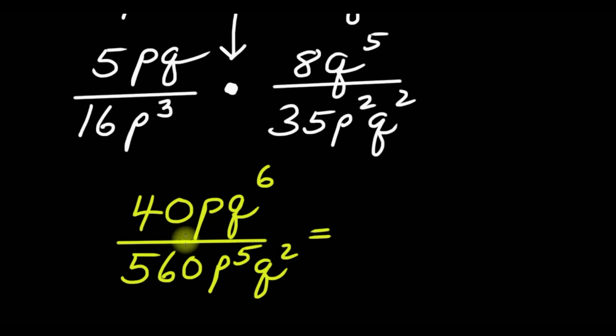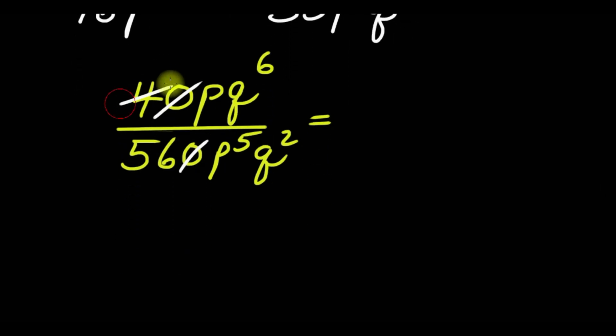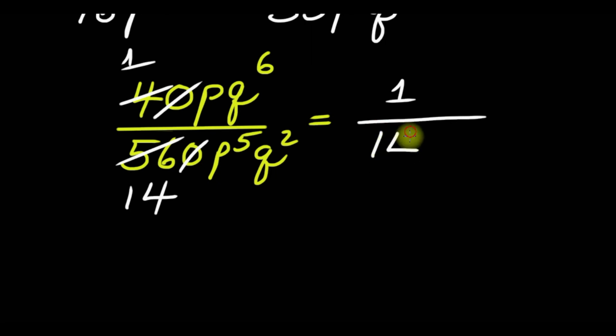Okay, and then we're going to simplify this. We can eliminate the 0 to make it easier. So 4 goes into 56 14 times. So you can reduce this to 1 over 14.